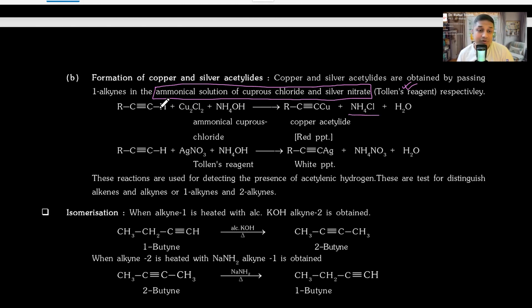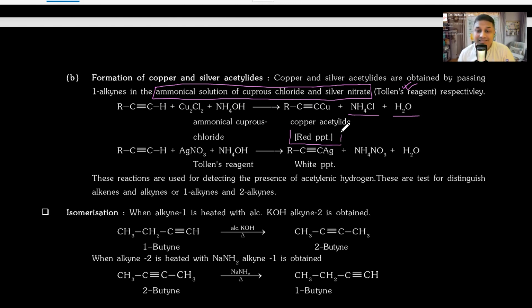H plus from the alkyne will be substituted by copper. So copper goes there, forming copper acetylide and ammonium chloride. Correct? And that H plus which was substituted combines with the hydroxide ion of the ammonium hydroxide, forming water. Nice. Is this clear? The beauty about this reaction is what you obtain is a red color precipitate.